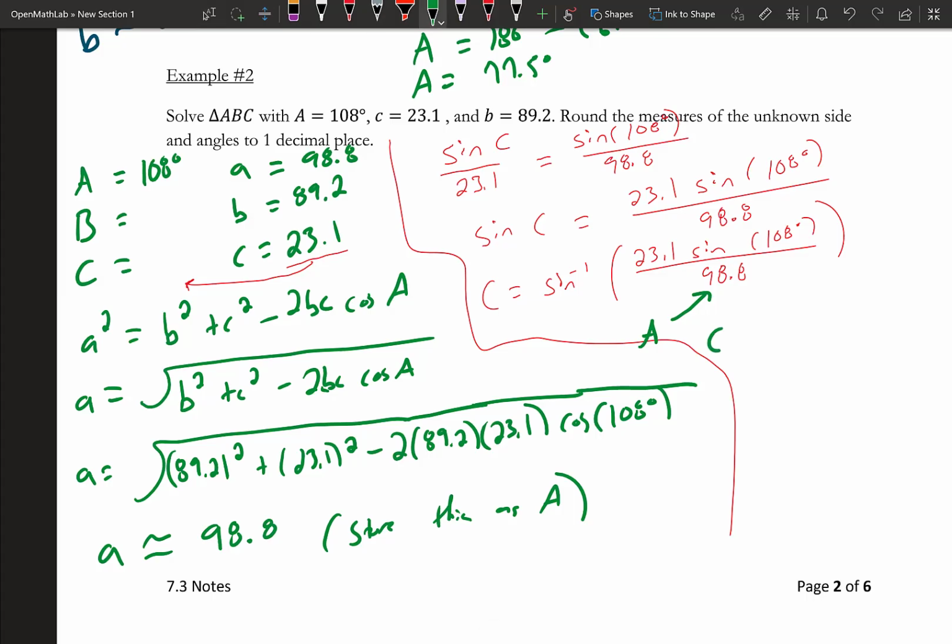So C is 12.8 degrees. Then, of course, to find B, I would just take 180 degrees minus 108 degrees plus 12.8 degrees. And that gives me 59.2 degrees.